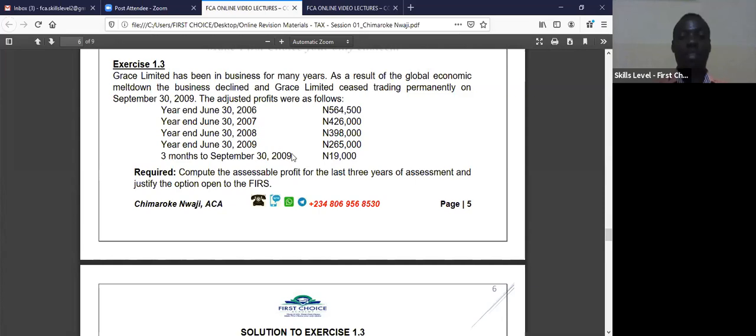So you see, there are 2 periods of time you have to use actual year basis. The day you start your business, from the date the business starts, year 1, you use actual year basis. Now, when it comes to the day the business is ending, you also use actual year end.